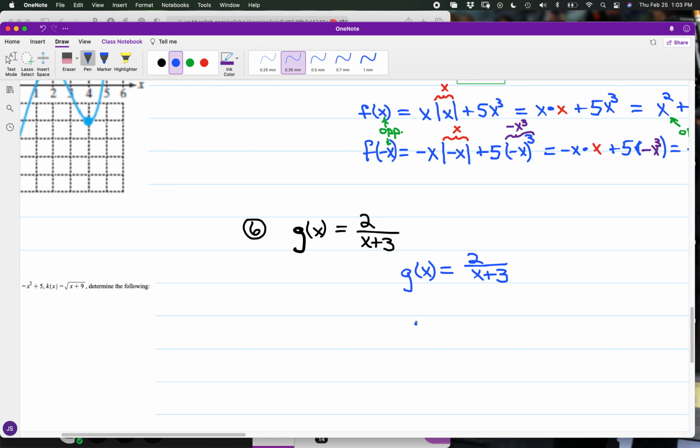And for g of negative x, you have 2 over negative x plus 3.